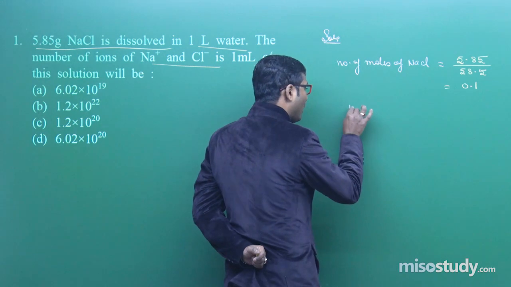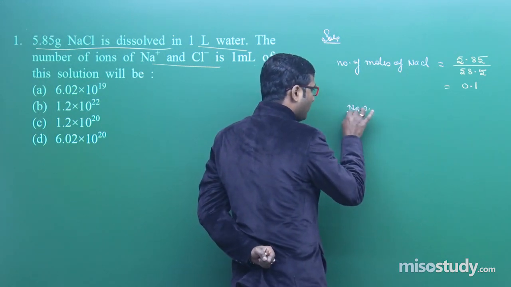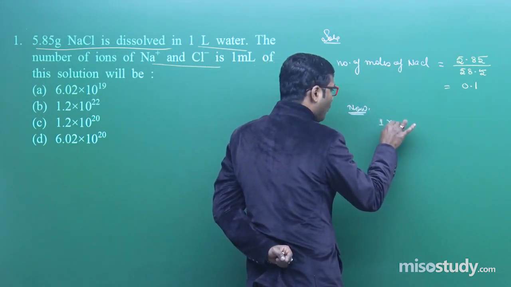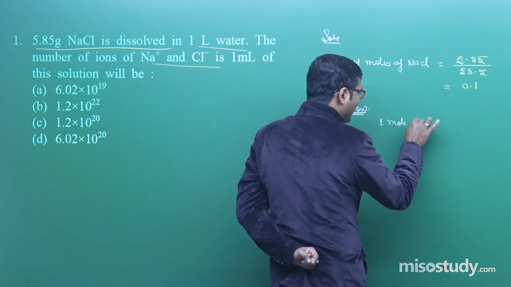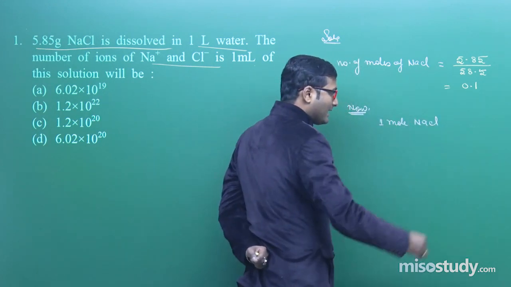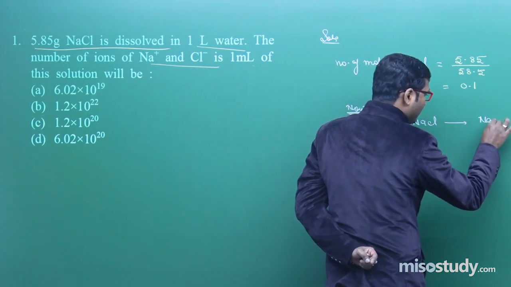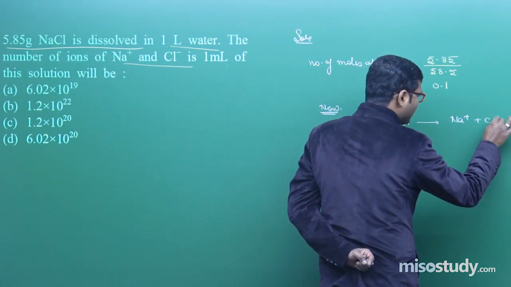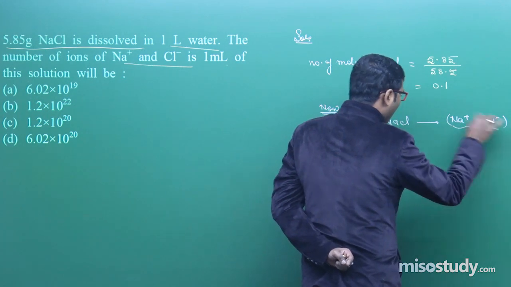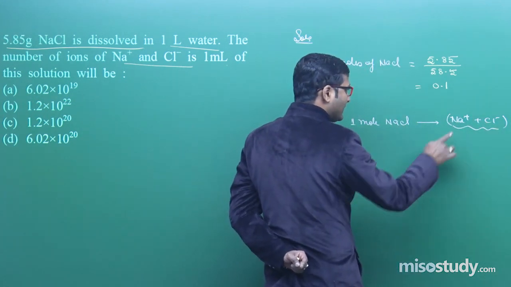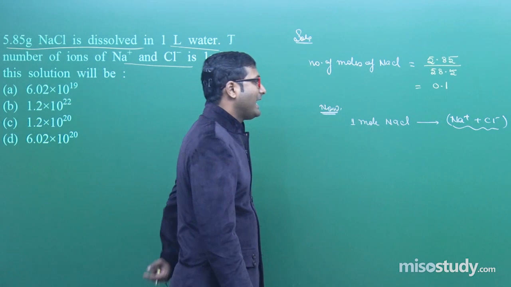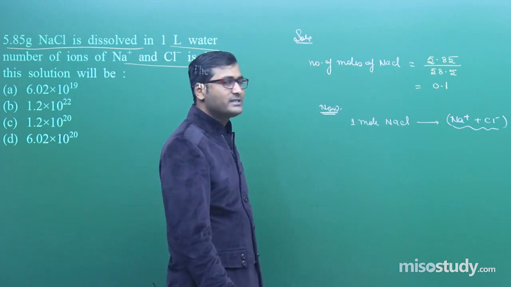Now listen carefully. 1 mole NaCl contains Na plus and Cl minus ion. That means 1 mole NaCl contains 1 mole of Na plus and 1 mole of Cl minus ion.